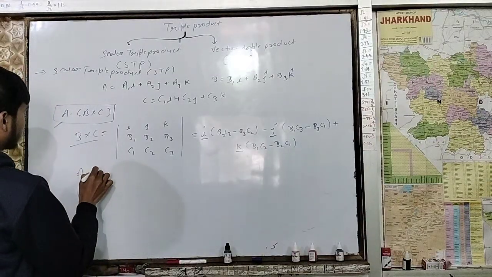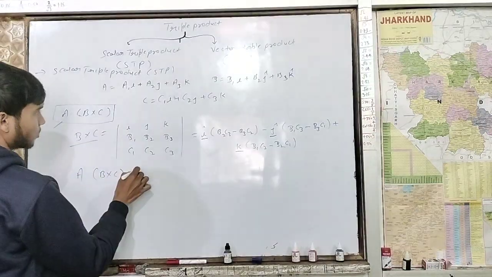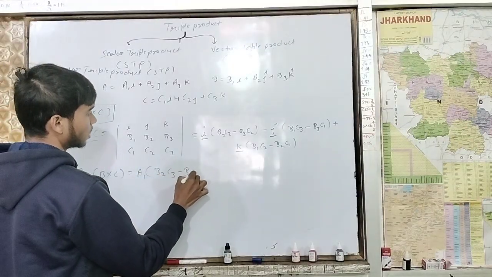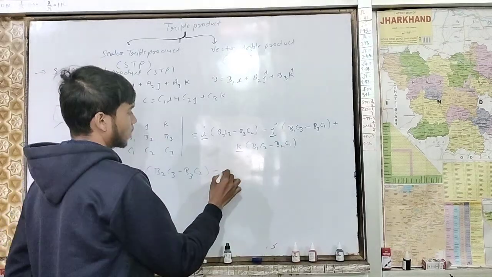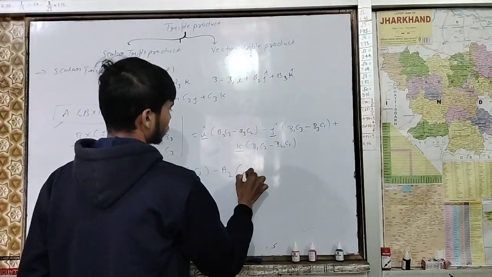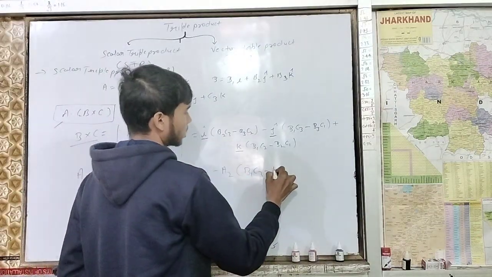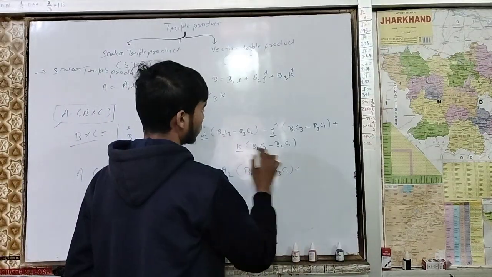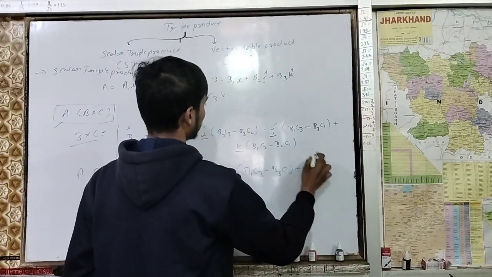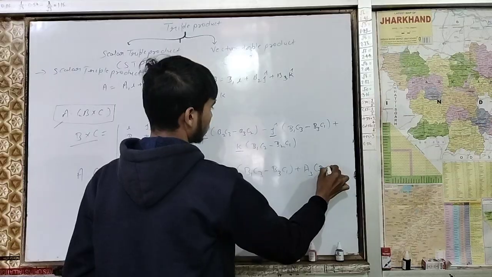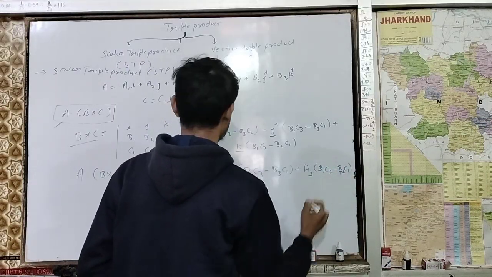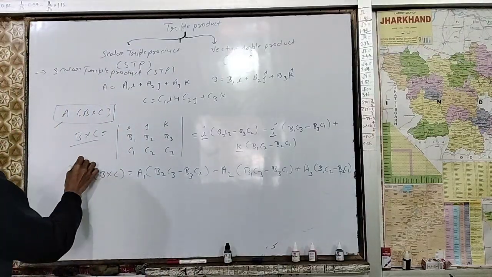So finally you can write a dot b cross c, which is equal to a1 (b2 c3 minus b3 c2) minus a2 (b1 c3 minus b3 c1) plus a3 (b1 c2 minus b2 c1). Clear? This is what we got.